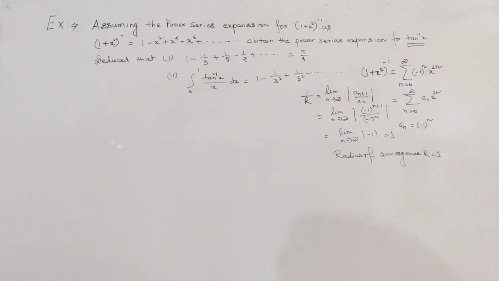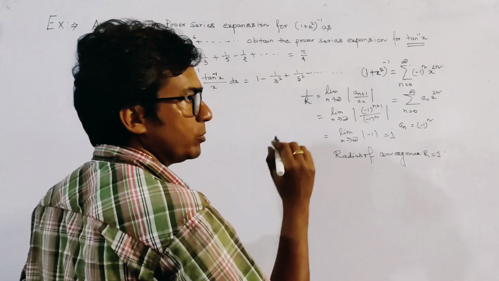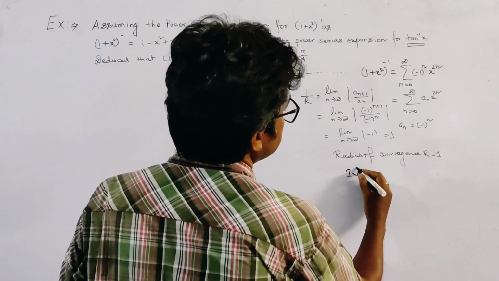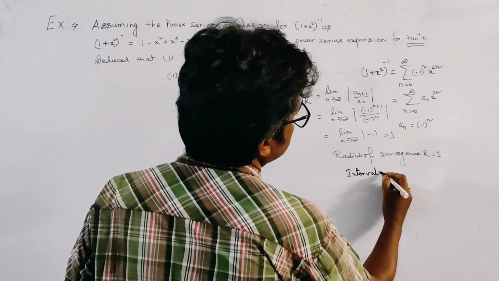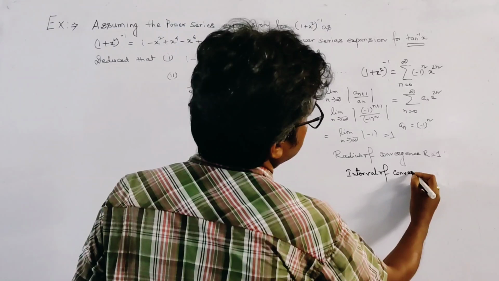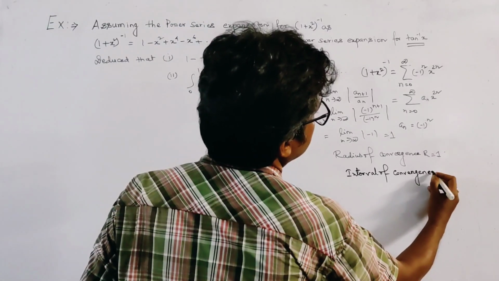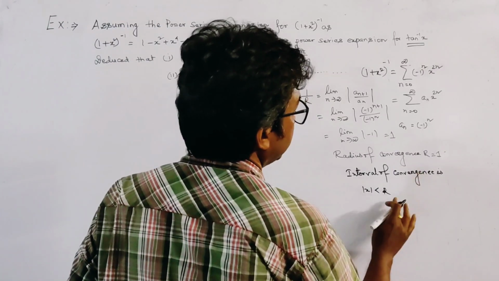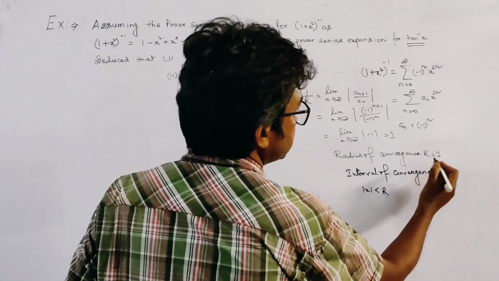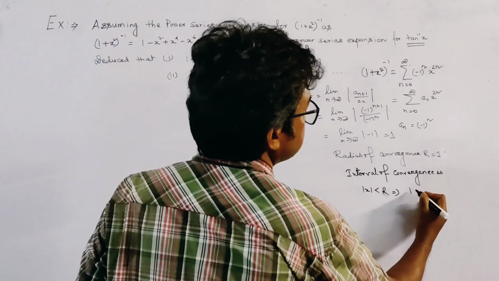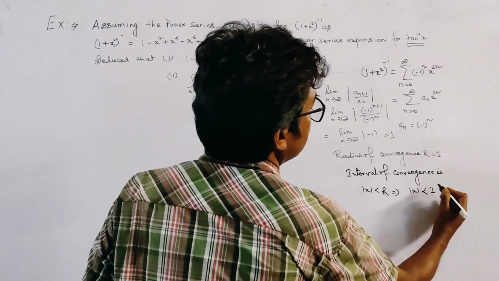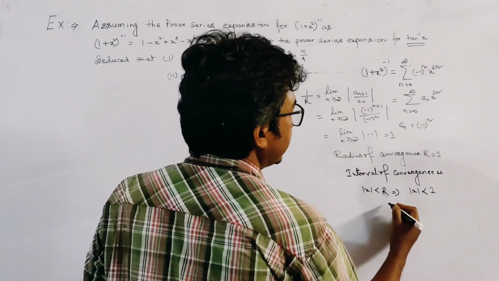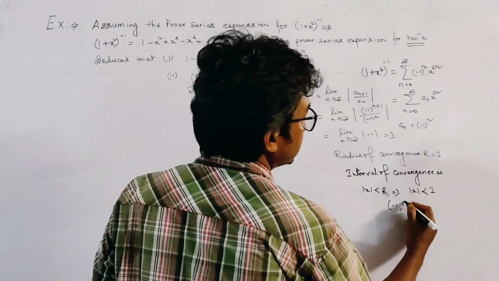Now, what is the interval of convergence? The interval of convergence is mod x less than r. Here r is equal to 1, so the interval of convergence is mod x less than 1, also said to be the region of convergence, or written as the open interval minus 1 to 1.